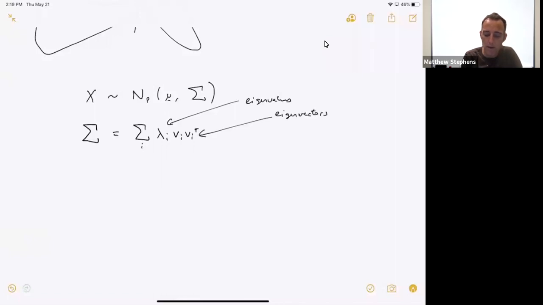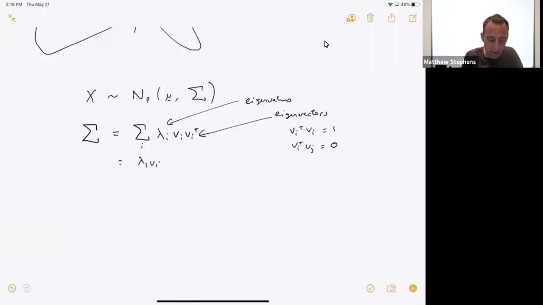So vi transpose vi is equal to 1, and vi transpose vj is equal to 0. They're orthogonal to one another. Sorry about that. This is a sum here, and this is a sigma. It's a little confusing, so maybe I can just write that out.